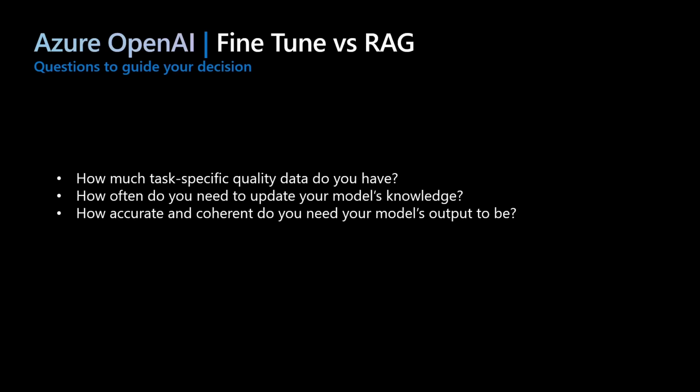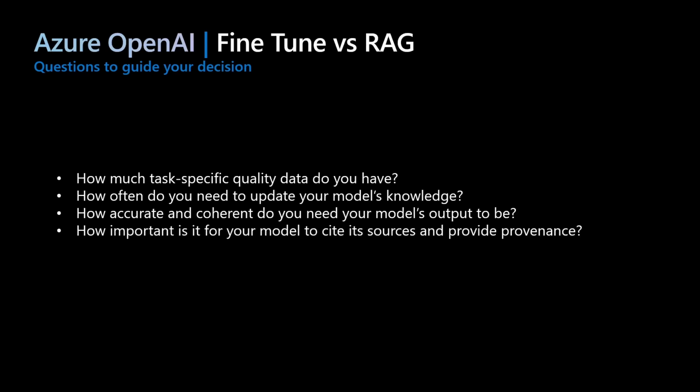If you can tolerate a little bit of errors or some very minute inconsistencies, then RAG might be a little bit more flexible. And finally is, how important is it for your model to cite sources or provide provenance? And this question basically relates to sometimes you might need your model to justify its answers and show where it's getting its information.